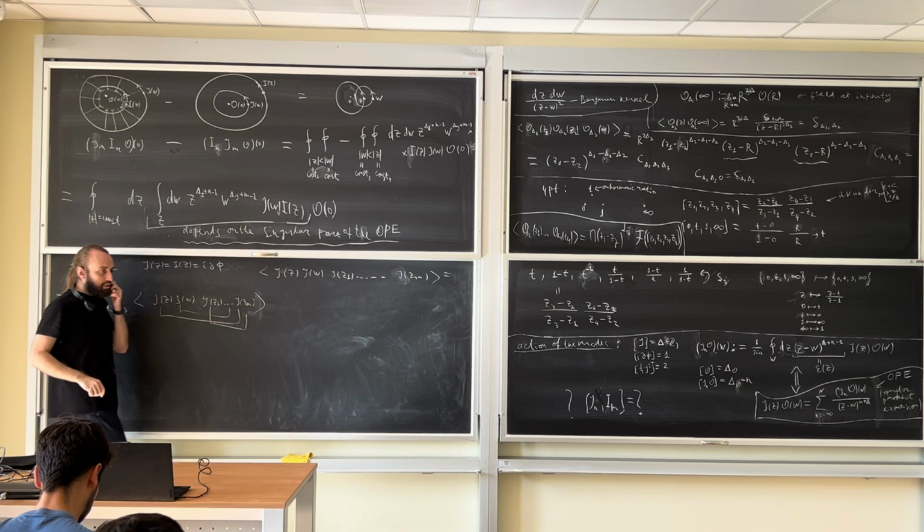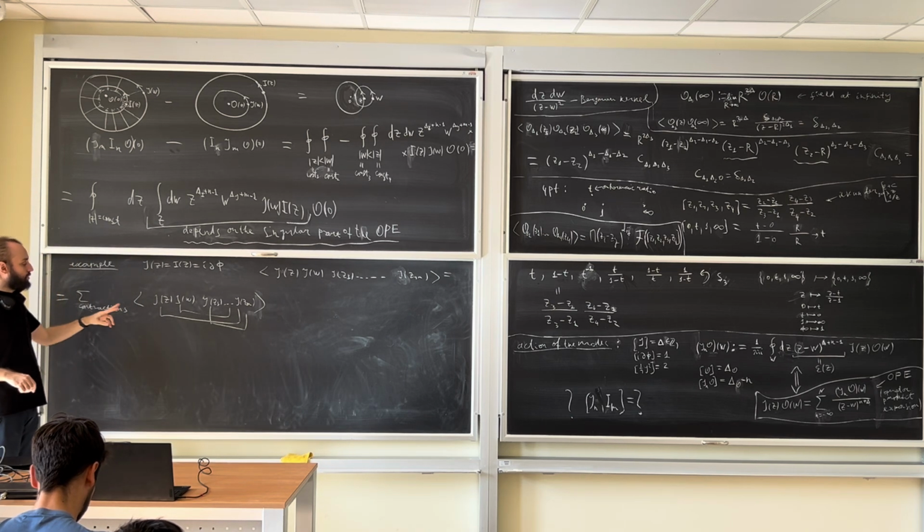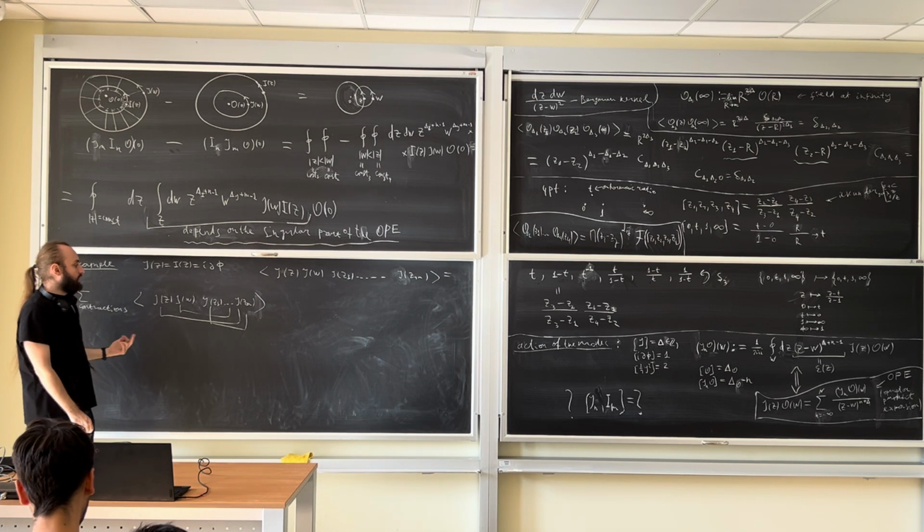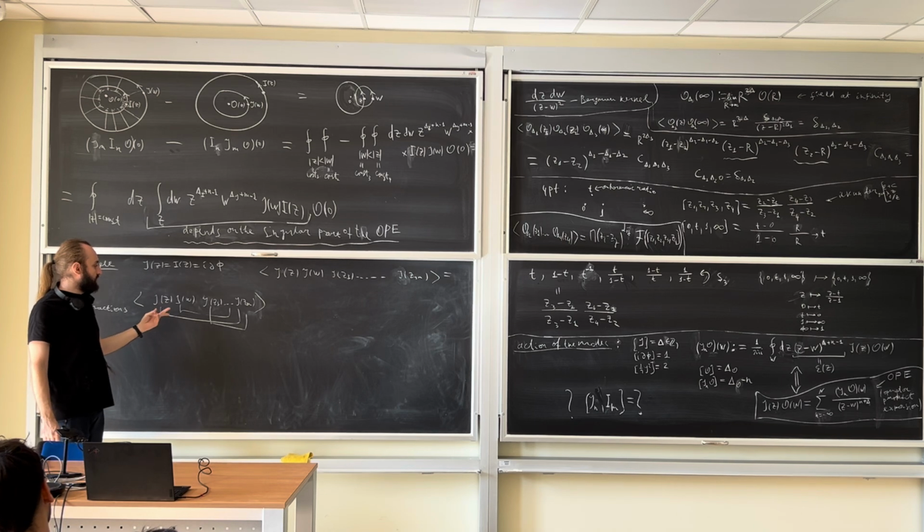All these pairs of fields should be somehow connected. And each contraction is 1 over z minus w squared.